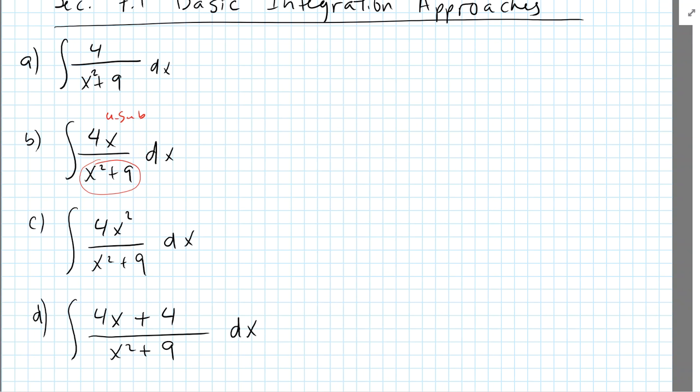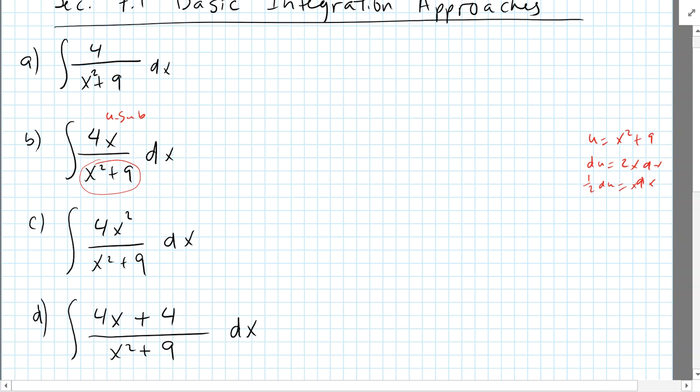So for part B, we're going to just do our work off to the side over here. We're going to say that u is equal to x squared plus 9. That means that du is equal to 2x dx. And just to make it easy on myself, I'm going to say 1/2 du equals x dx.